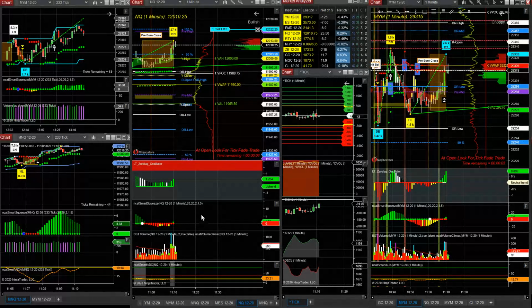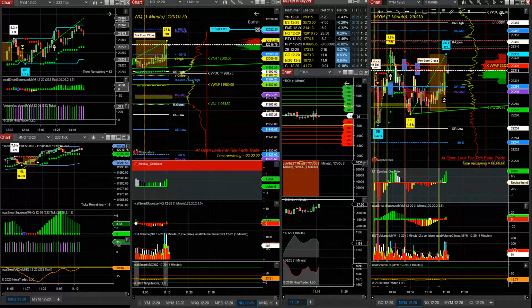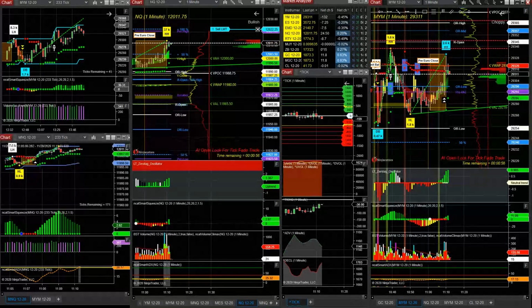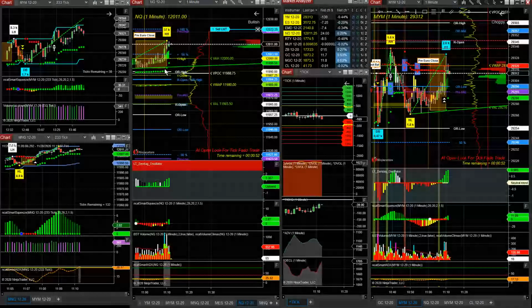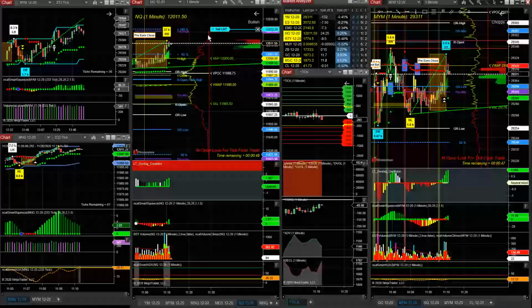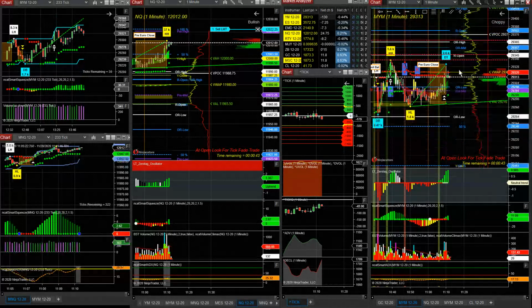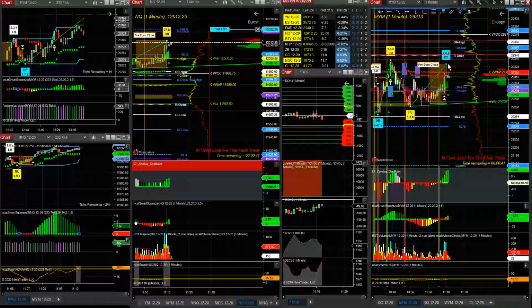I took off that limit order because of that move up. Going into, we go in here, we get the buy signal there. Same thing on YM. I thought YM would never get back here, but he actually got all the way back there. Wow.